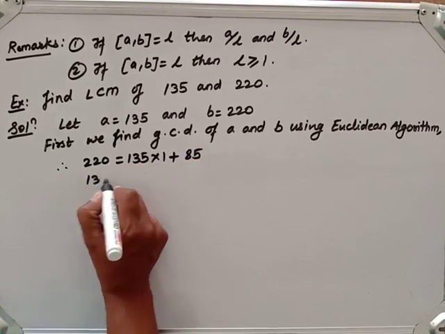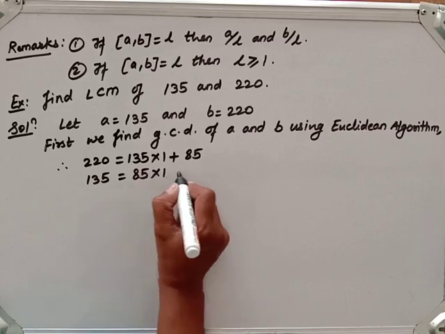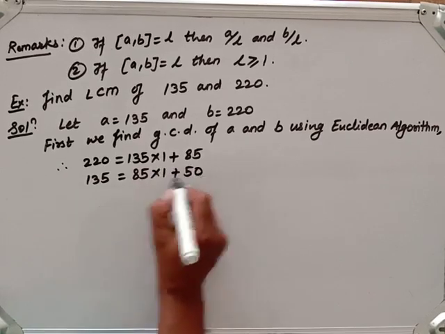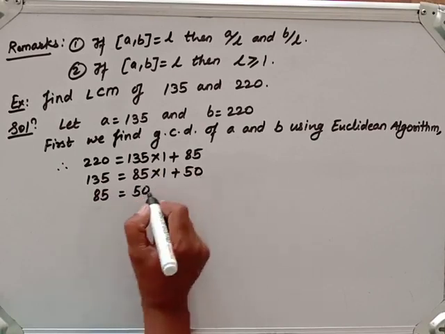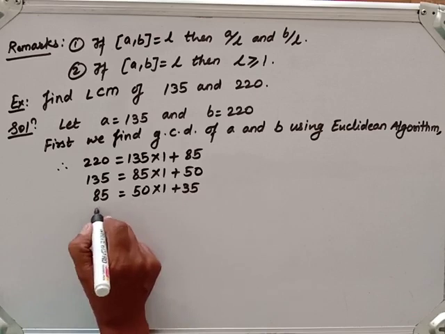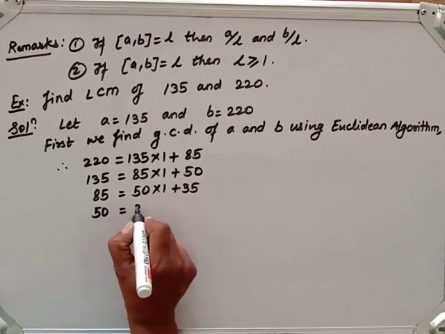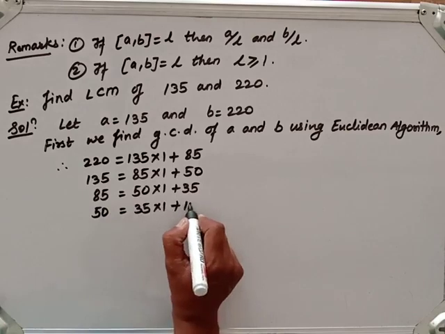So 135 equal to 85 into 1 plus 50. 85 equal to 50 into 1 plus 35. 50 equal to 35 into 1 plus 15.